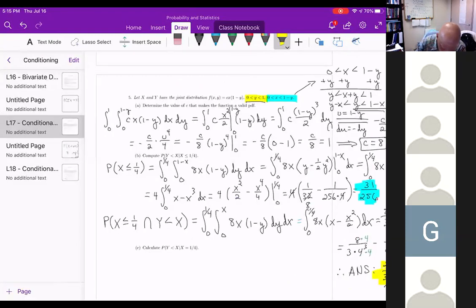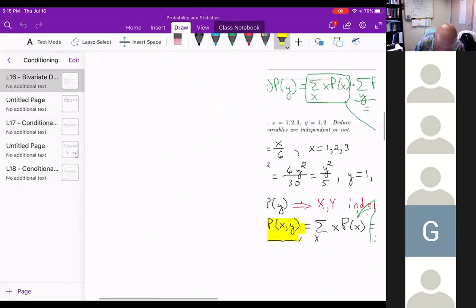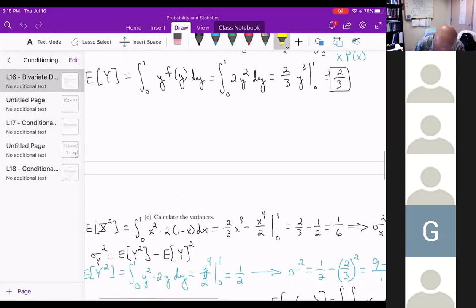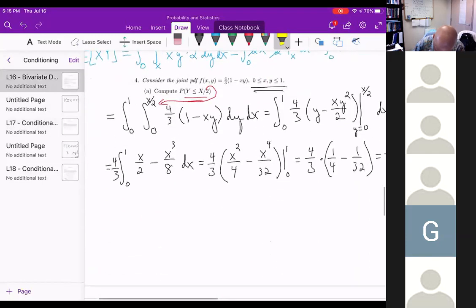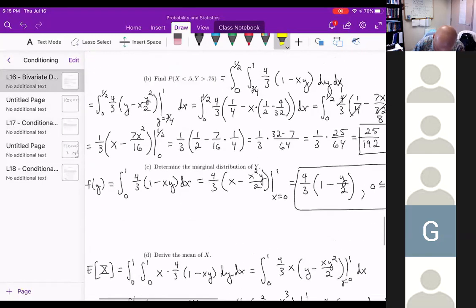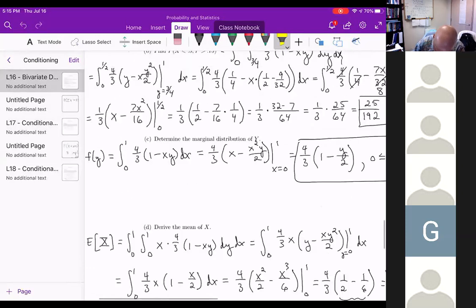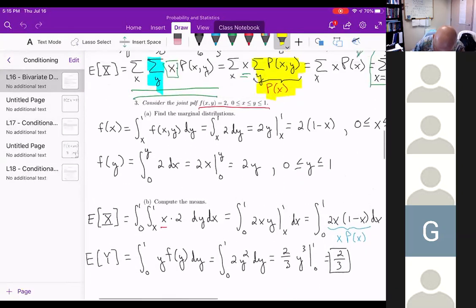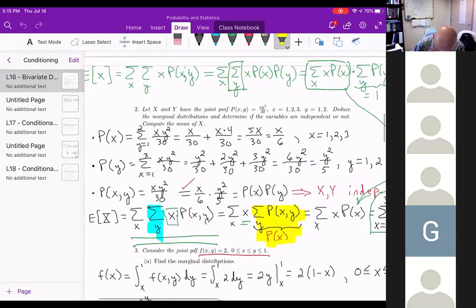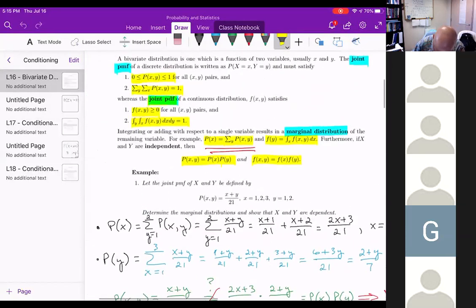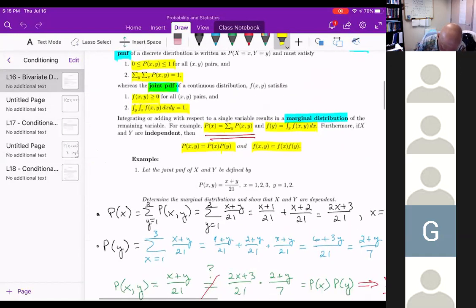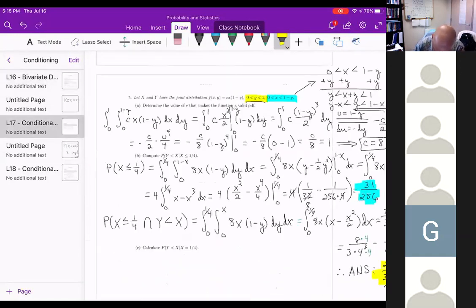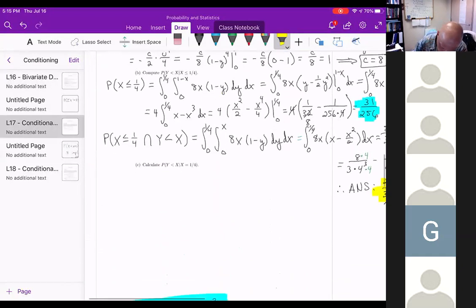Let me see if we had found that in the last handout. No. Okay, so we need f of x. So let's go ahead and get that.